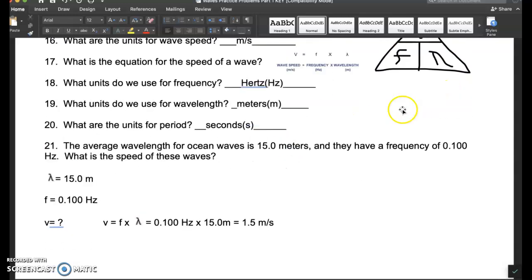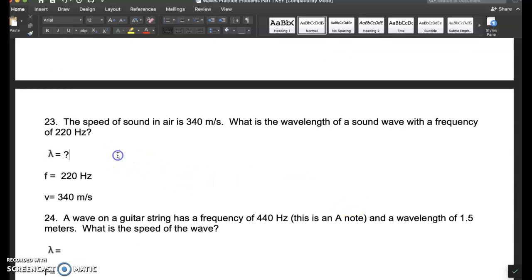I get V over F. So lambda is equal to V divided by F, so wave speed divided by frequency. Wave speed is 340 meters per second divided by frequency, which is 220 hertz, which is equal to 340 divided by 220, 1.55. And it's lambda, so that's meters.